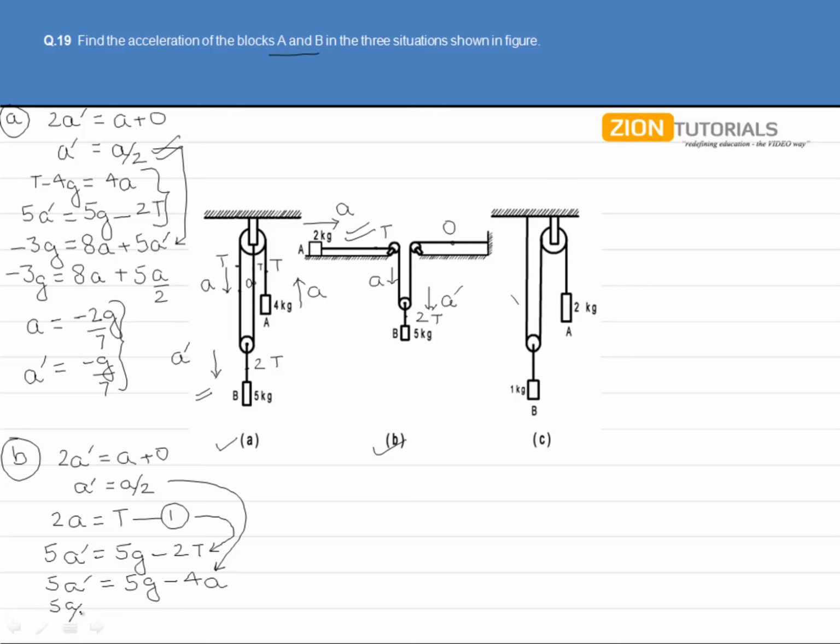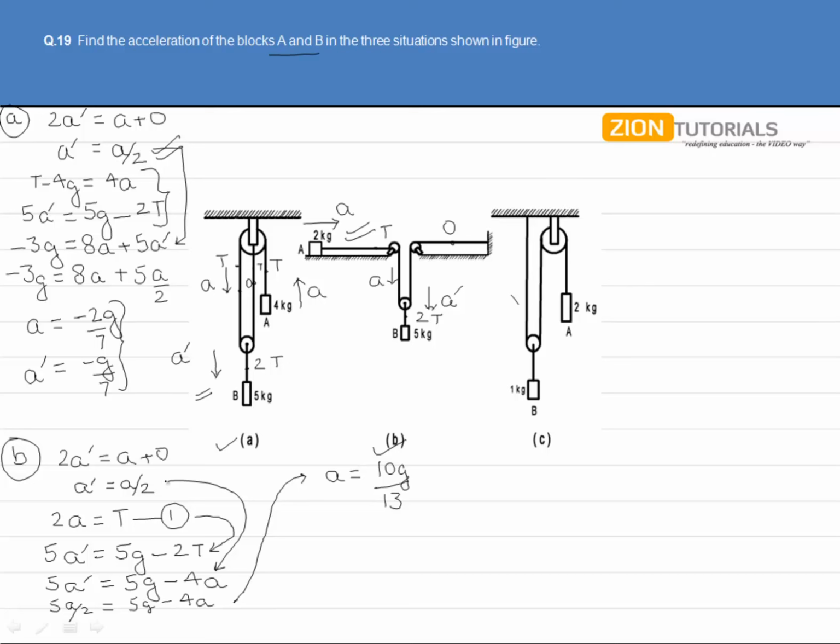Now, putting the value of a' from above into this equation, we can write 5a by 2 equals 5g minus 4a. Solving this, we can write a equals 10g by 13.